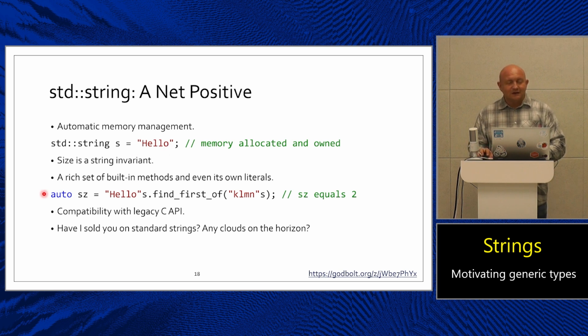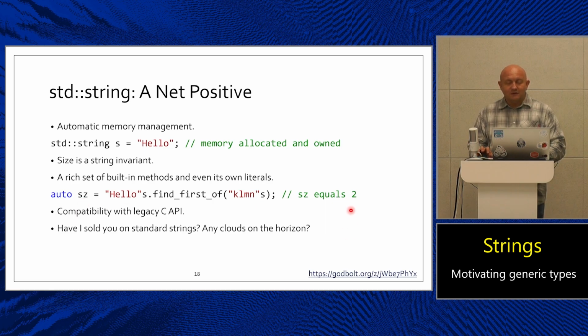Next, size is an invariant of string, and generally many things are string invariants. Next, we have string literals. The literal "hello" followed by s is a std::string starting from C++20. Everyone understands why sz equals 2.